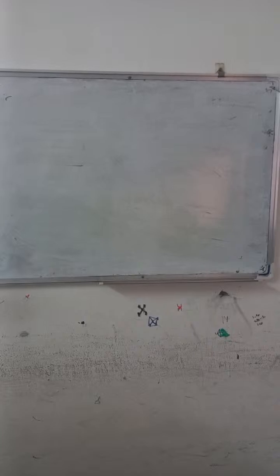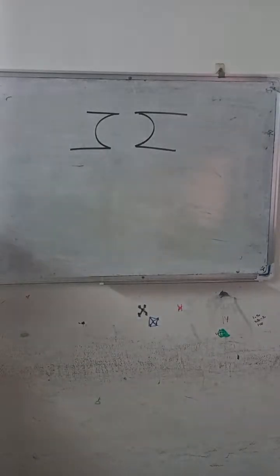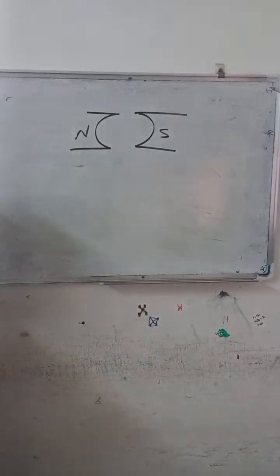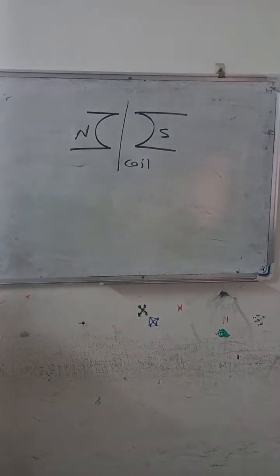The plane of the coil makes an angle theta with respect to the direction of magnetic field B. Okay, so they are asking here the torque will be, next line, the torque will be.